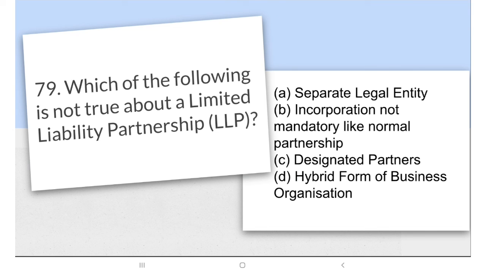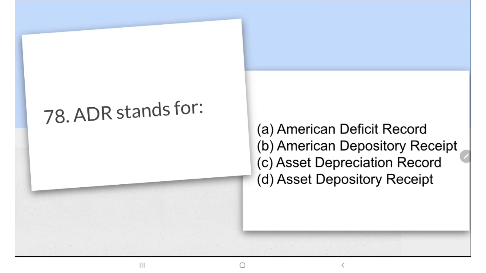Question 79. Which one of the following is not true about a limited liability partnership, LLP? Option A, separate legal entity. Yeah, it is. Option B, incorporation not mandatory like normal partnership. No, it is not.